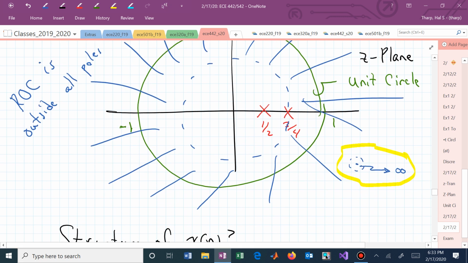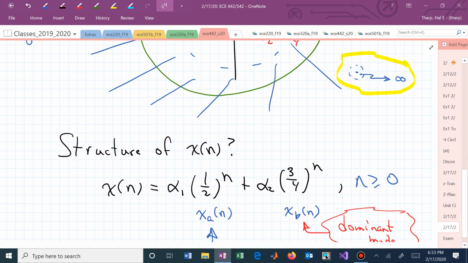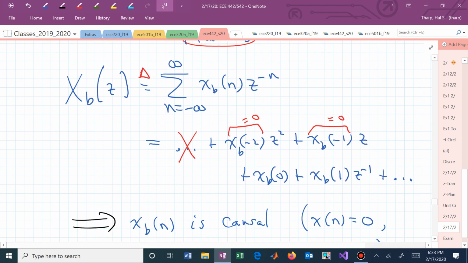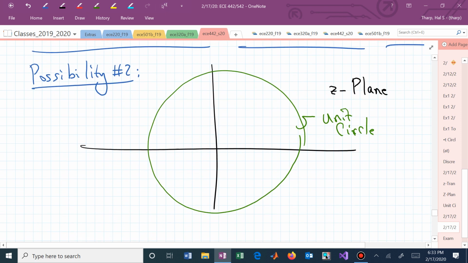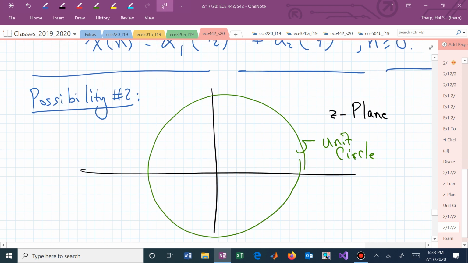We know we have bounded, and now because of this specific point, this extreme point going off to infinity, we know we're causal. So we know that these two are connected. Let's look at possibility number 2.